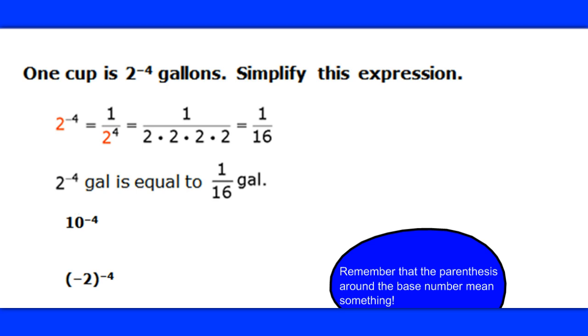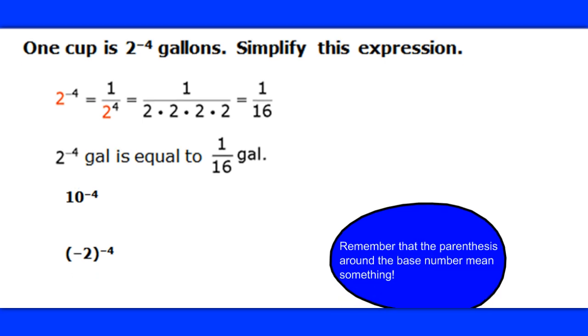All right. Here, this says that 1 cup is 2 to the -4th gallons. It's asking us to simplify this. We never leave negative exponents. I put a little hint down here for you guys, and I said, remember that the parentheses around the base number means something. So 2 to the -4th power is equal to 1 over 2 to the 4th, and 2 to the 4th is 16.